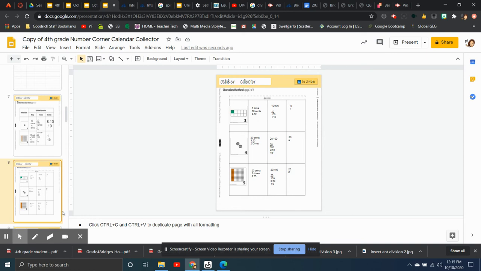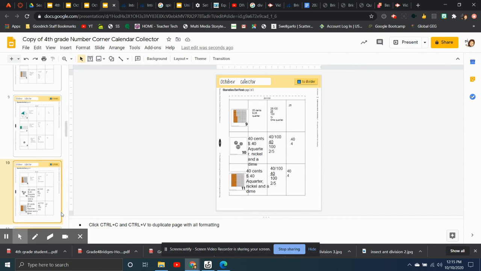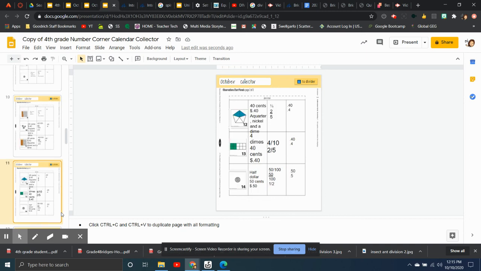Then 10 base 10 blocks, then shape, then 10 frame, then money. Then we have 10 base 10 blocks, money, base 10 blocks. Didn't follow the pattern there, did it? Then we have a shape again, and then we have a 10 frame, and then we have money.